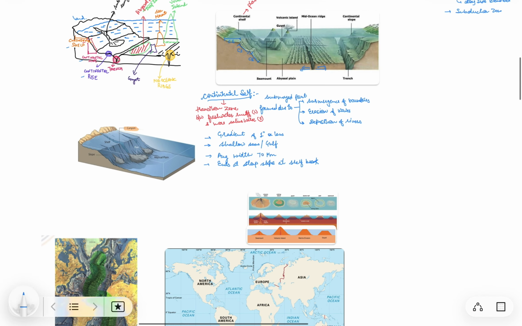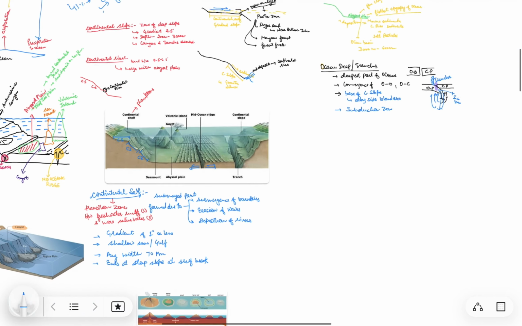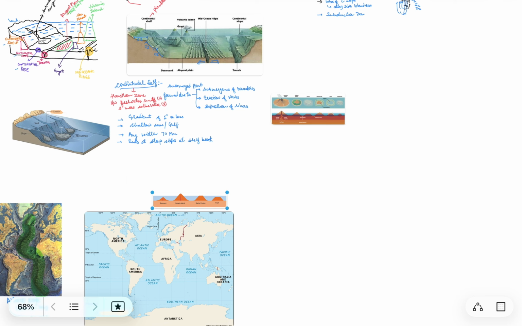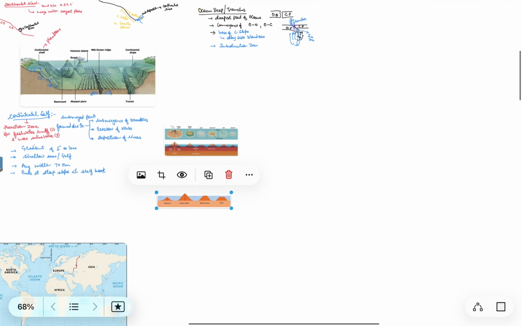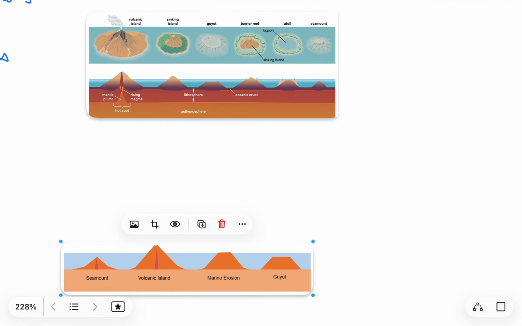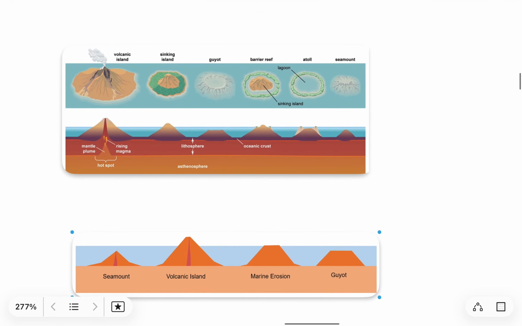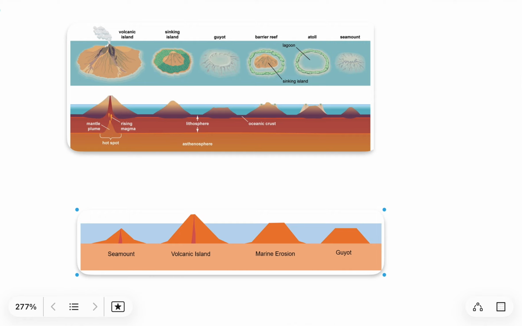So seamounts will not reach up to the surface of the sea.